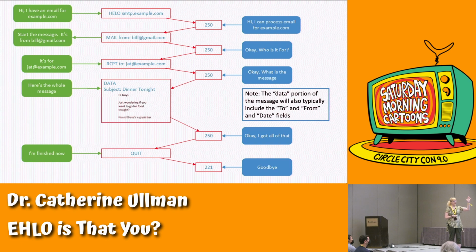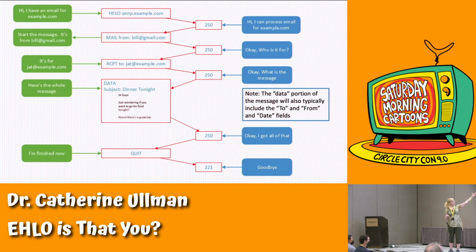So this is what I was talking about with the conversation. It starts out on the left-hand side and goes to the right-hand side. I have a tool that actually lets me highlight some of this, but I have a feeling this projector doesn't like it, so I'm not going to try to use it. So I'm going to point, and if you have questions, just ask. So on this top left, we say, I have a message for somebody at a particular domain.